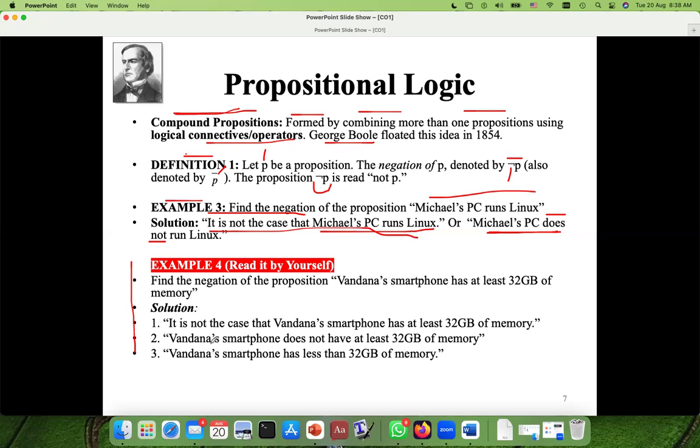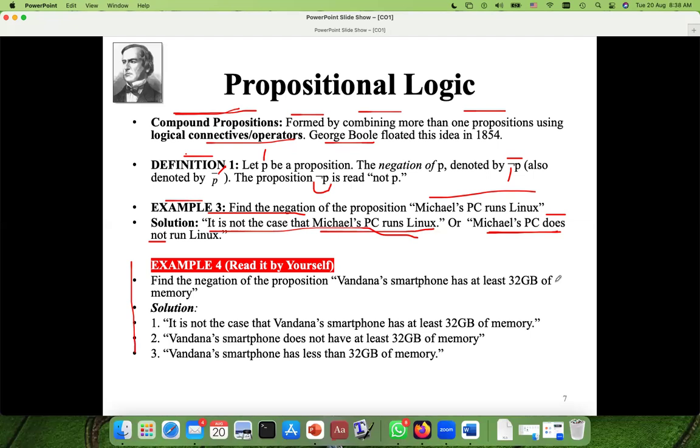What if you use at most? Is it a negation or not? It depends. What is the meaning of at least? At least 32 GB means 32 and more, not less.